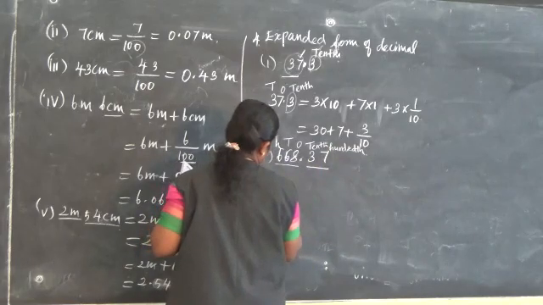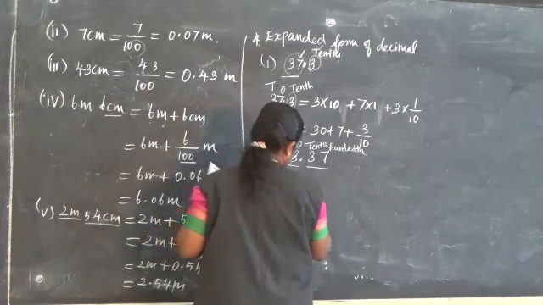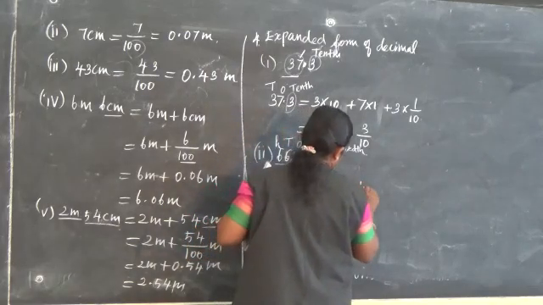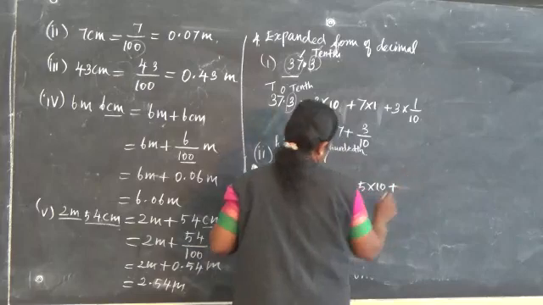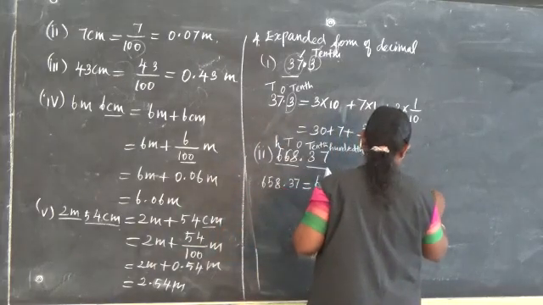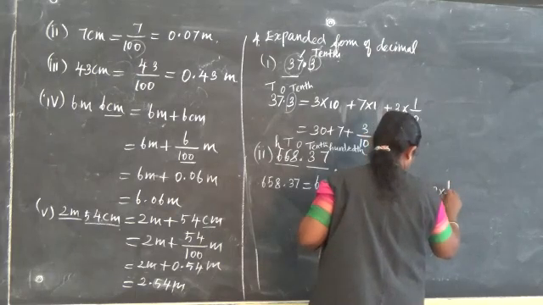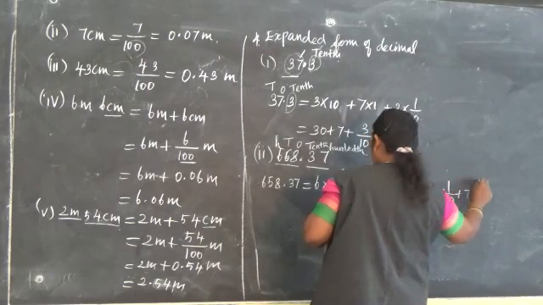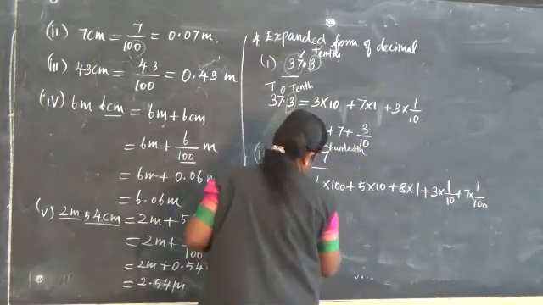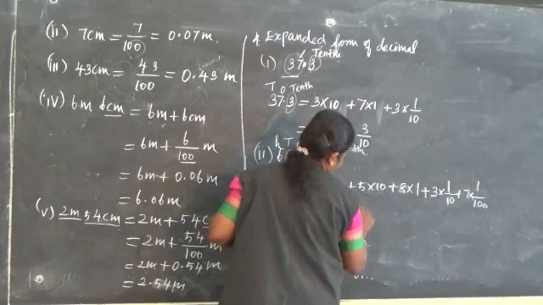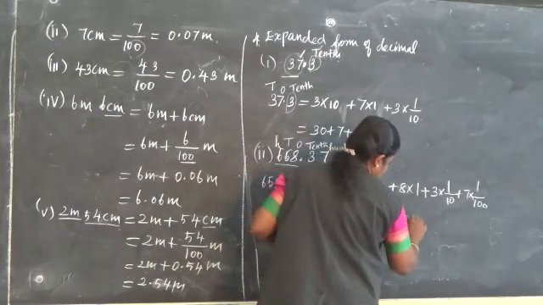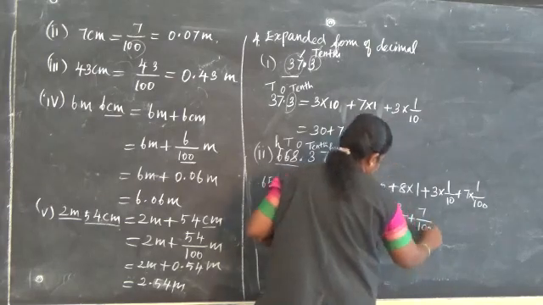So 658.37 equals 6 into 100 plus 5 into 10 plus 8 into 1 plus 3 into 1 by 10 plus 7 into 1 by 100. So 600 plus 50 plus 8 plus 3 by 10 plus 7 by 100.